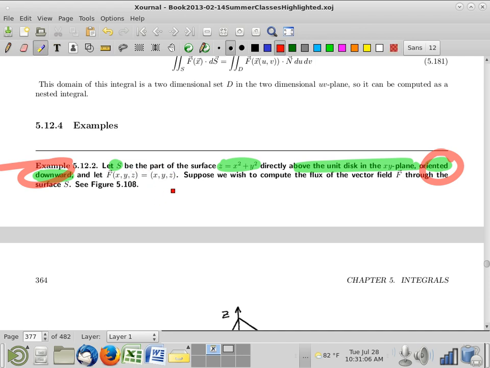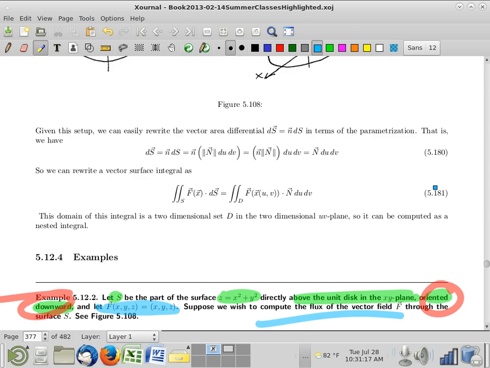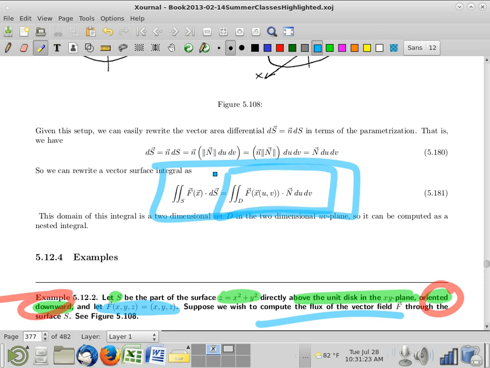The vector field I'm computing the flux of is that, and let's compute the flux. Okay. Going to use this formula. I'm going to rewrite everything in terms of the parameterization. Going to have to compute that capital N vector.